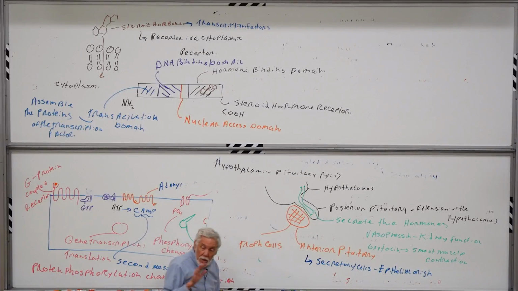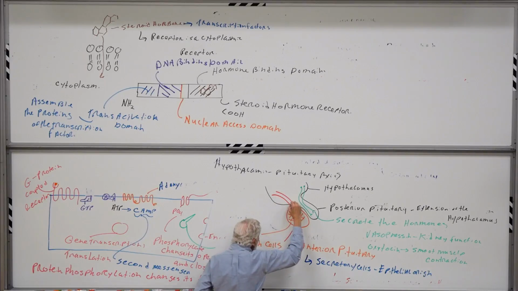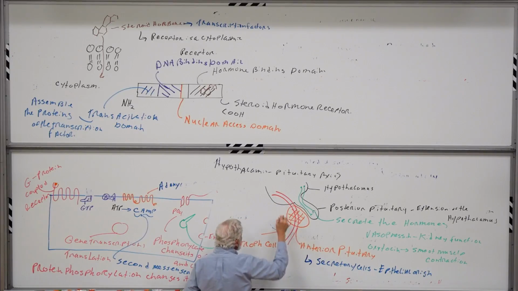is through a series of blood vessels. So there are going to be these blood vessels that flow through the hypothalamus and then through the anterior pituitary.